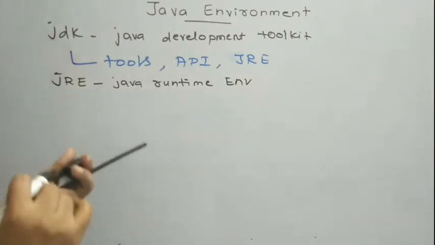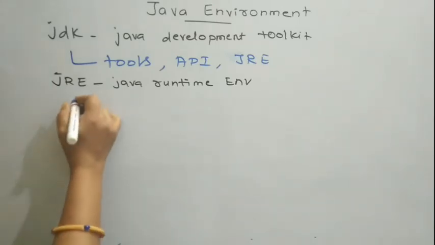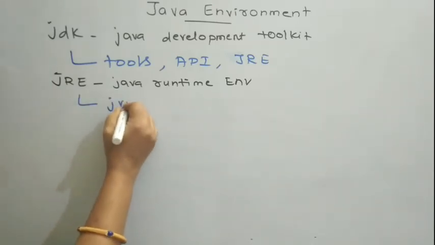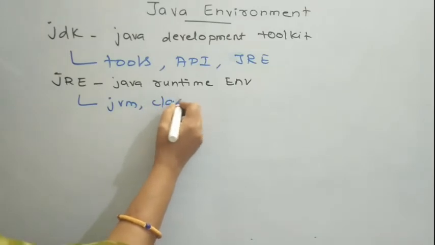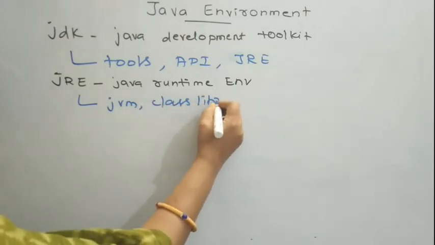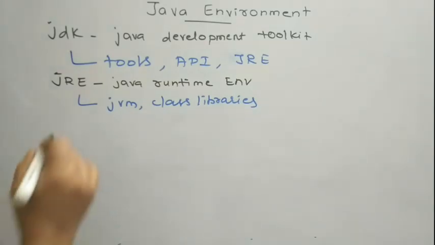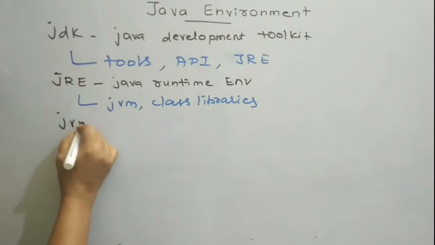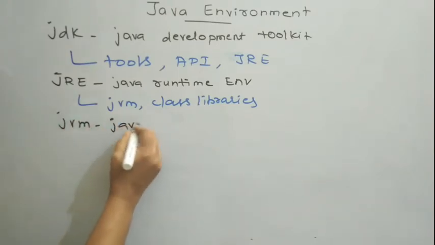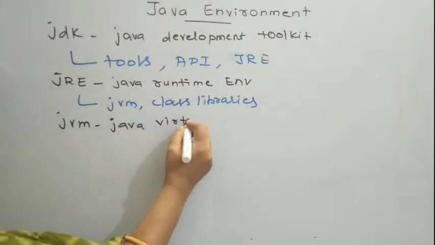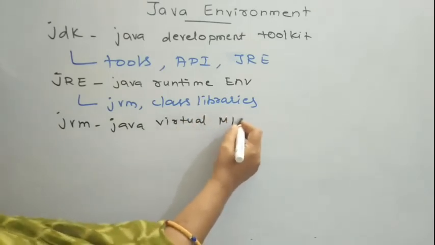What does JRE contain? JRE contains JVM and class libraries which are used to run our Java program. What is JVM? JVM is Java Virtual Machine.